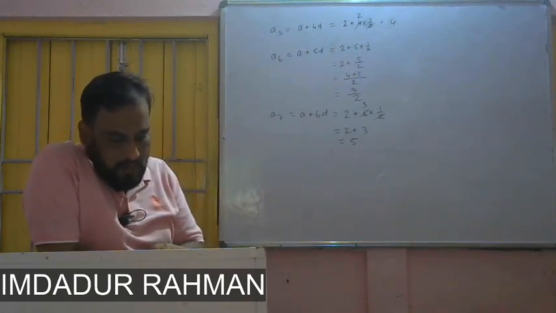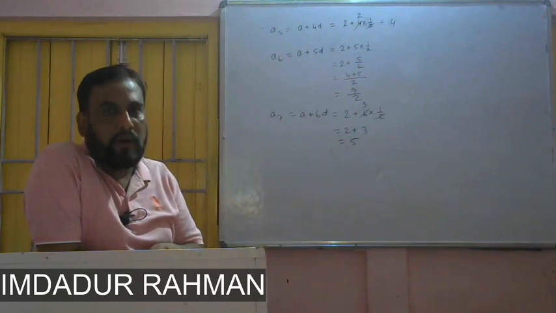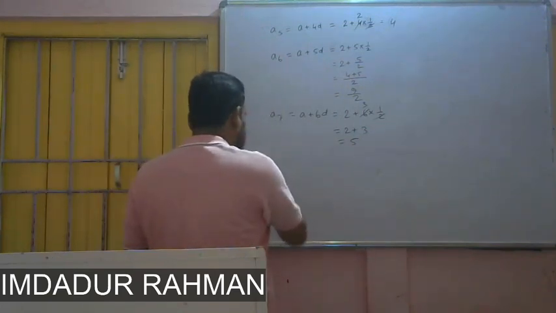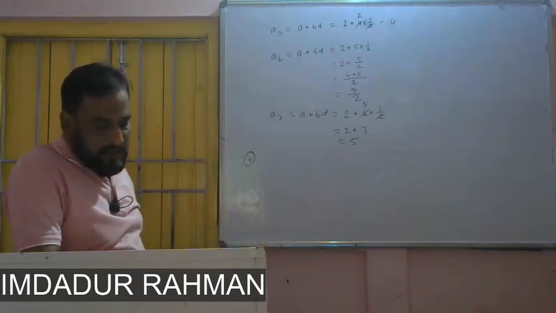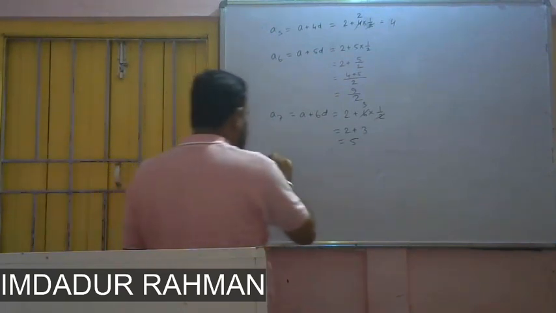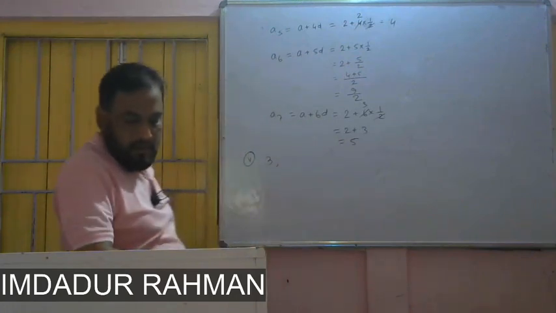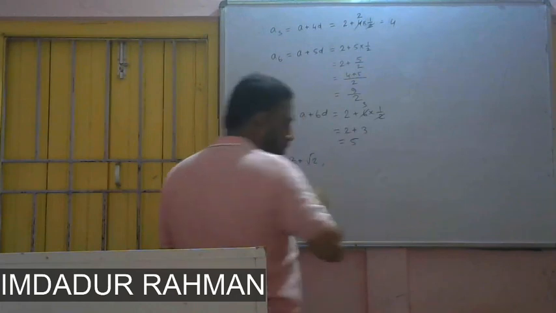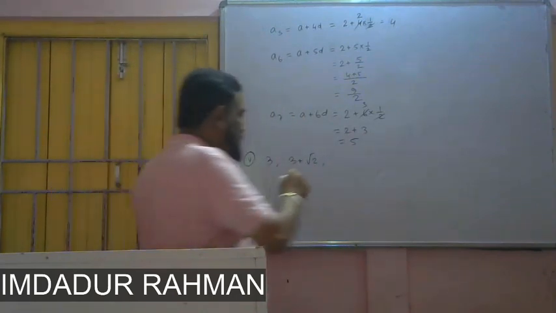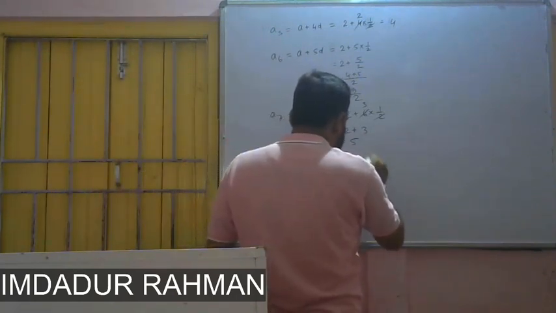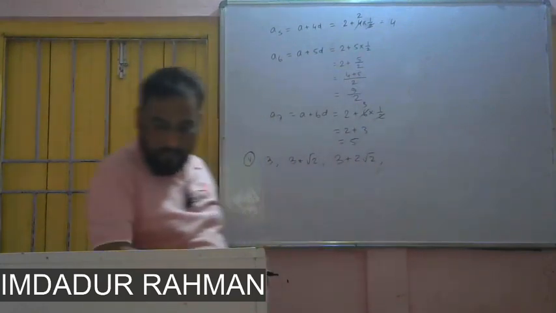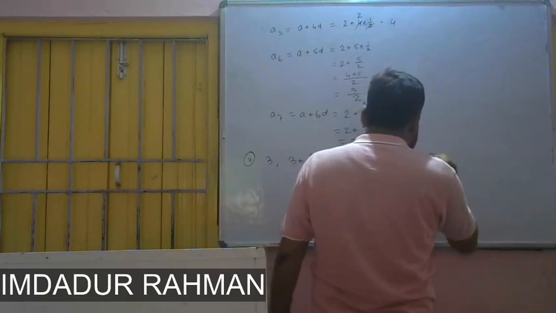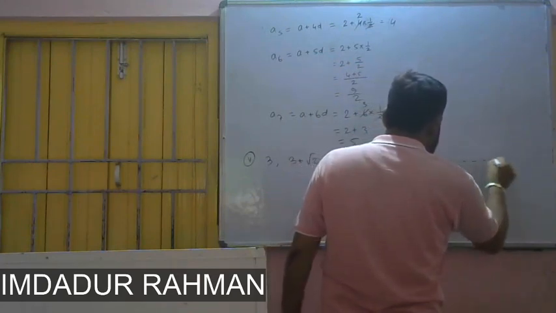Now we are proceeding to Roman 5. Here the series is 3 plus root 2, then 3 plus 2 root 2, then 3 plus 3 root 2, then dot dot dot.